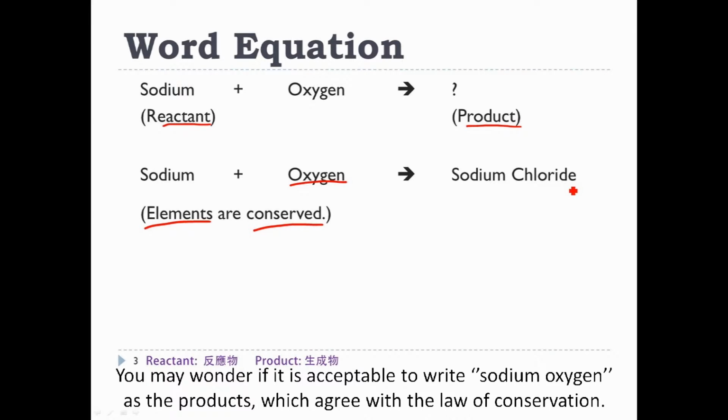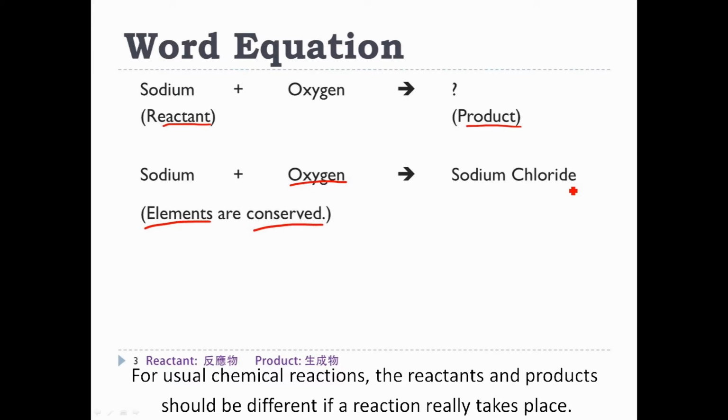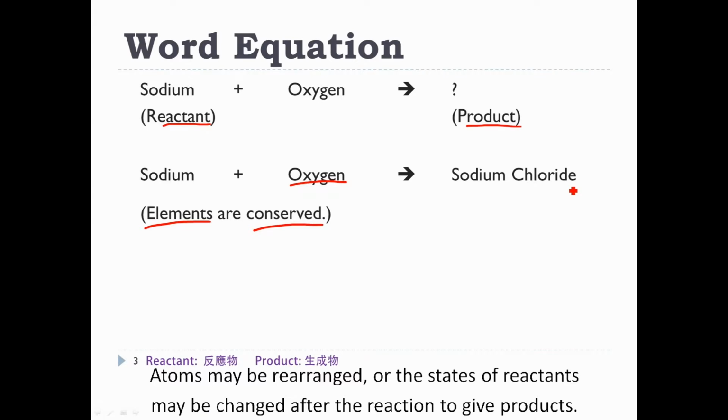You may wonder if it is acceptable to write sodium-oxygen as the products, which agree with the law of conservation. The answer is no. For usual chemical reactions, the reactants and products should be different if a reaction really takes place. Atoms may be rearranged, or the states of reactants may be changed after the reaction to give products.